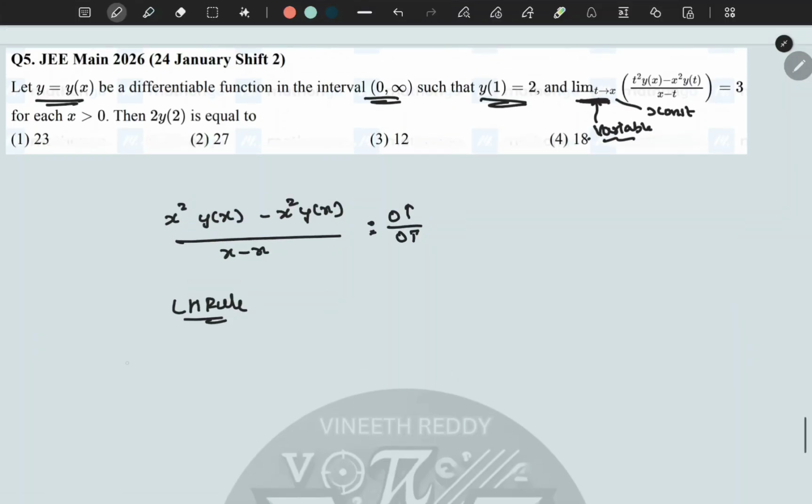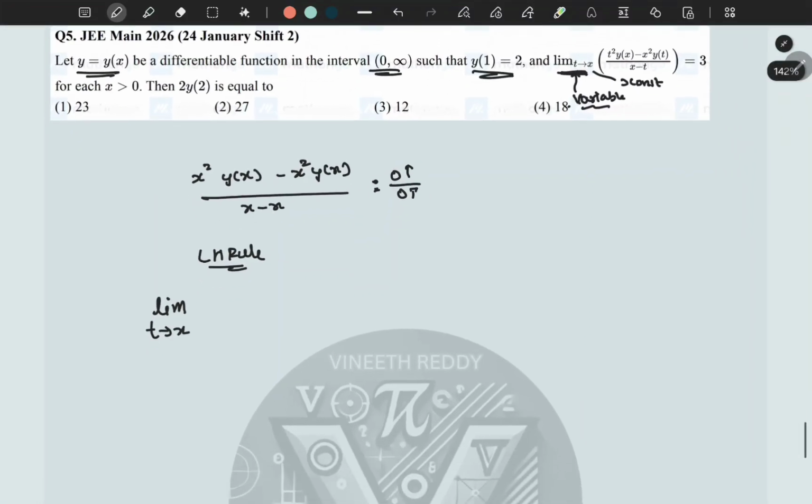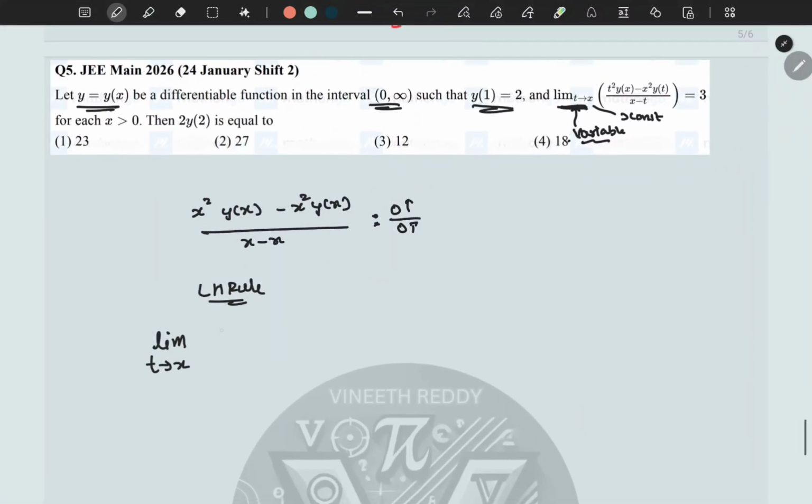Okay, what does that mean? We can write this as limit t approaches x, and we differentiate the numerator. Now what is the variable here? Variable is t. So just differentiate the t² term. We get 2t into y(x) minus, x² is again a constant, y'(t), divided by the derivative of x, which should be 0, minus the derivative of t, which is 1.